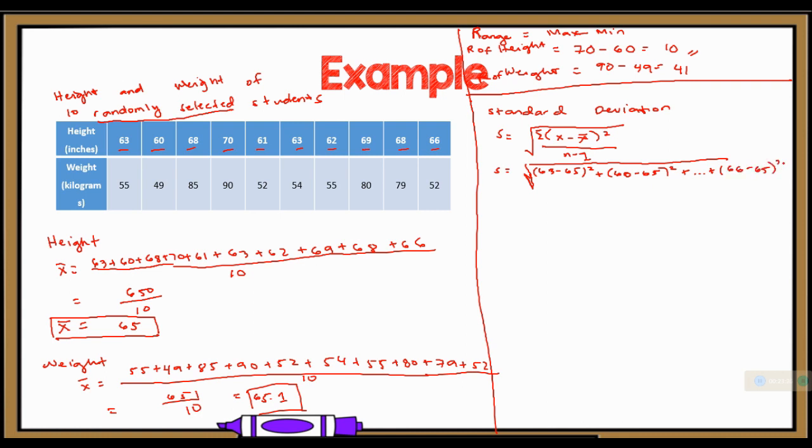Kulang kasi ako sa space, kaya ginanyan ko na lang. Papakita ko na lang yung difference niya sa baba. Okay? And then, we have n minus 1. That is 10 minus 1, or, syempre, 9. Sabi ko kanina, papakita ko siya.